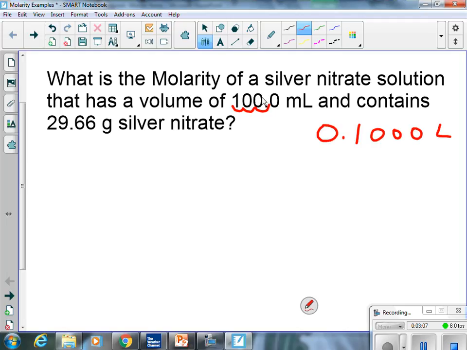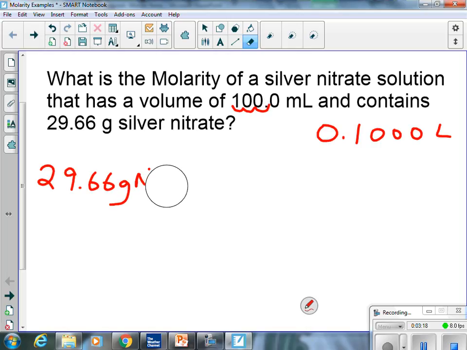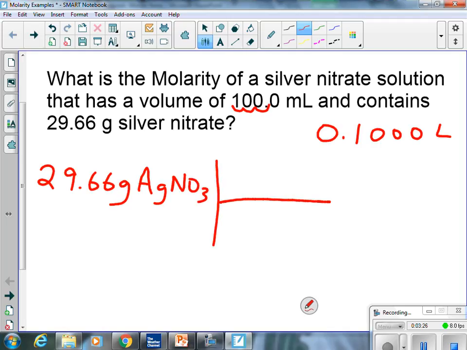I've already calculated the molar mass, so I'm going to take 29.66 grams of silver nitrate, and I'm going to flux capacitor that into moles.